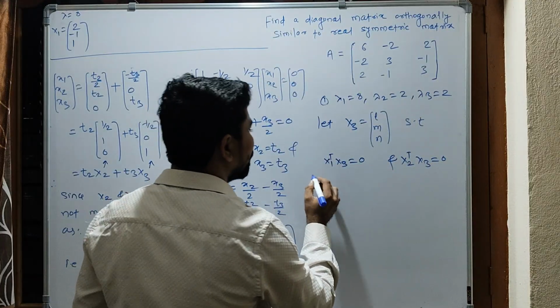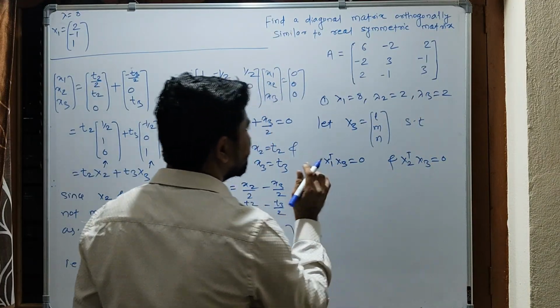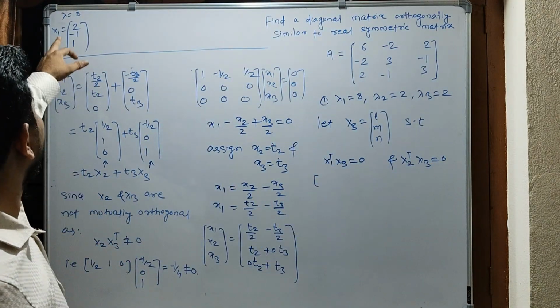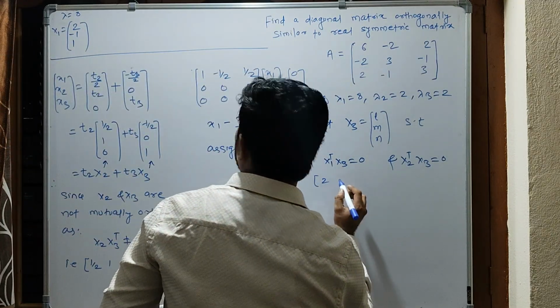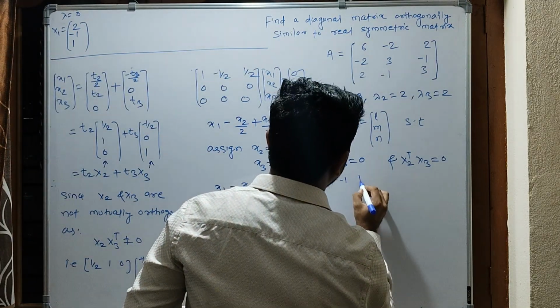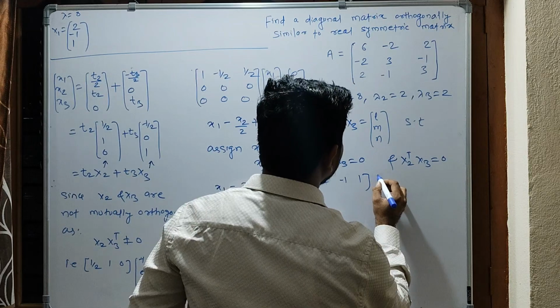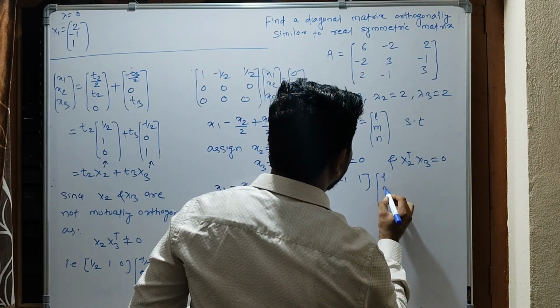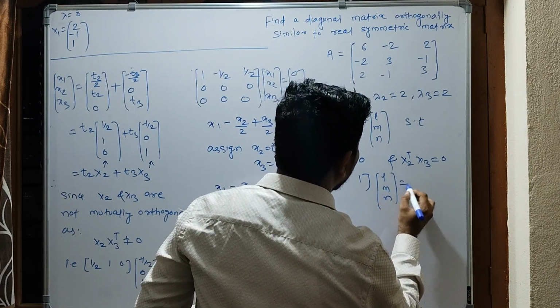You can take anything. So x1 transpose is 2, minus 1, 1, and x3 is l, m, n, which is equal to 0.